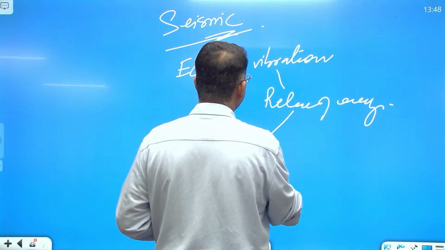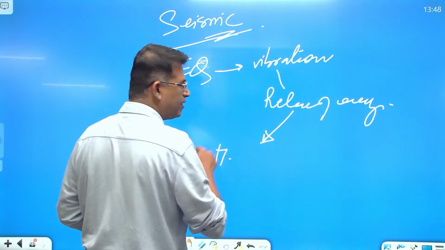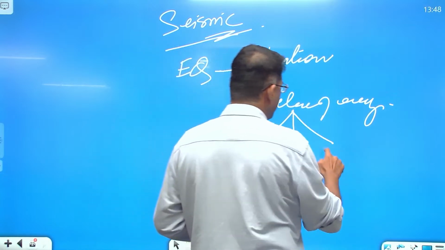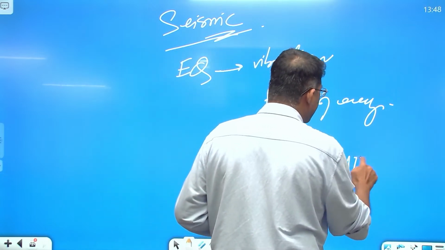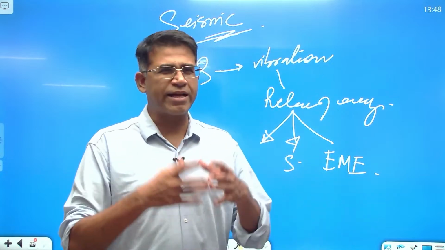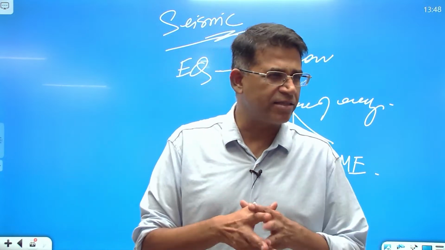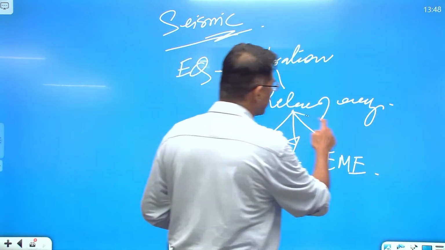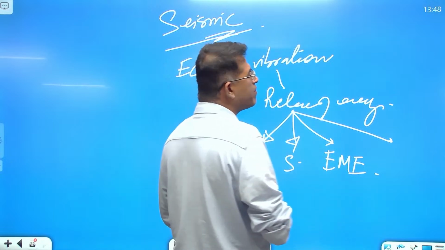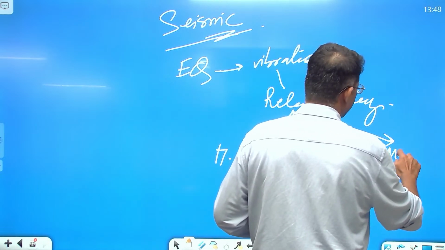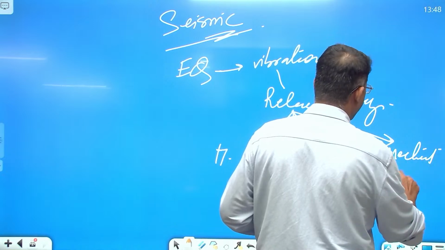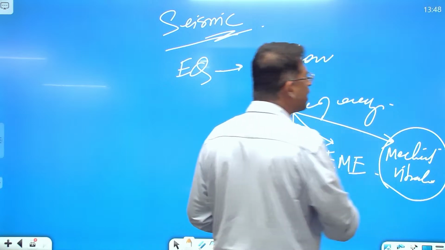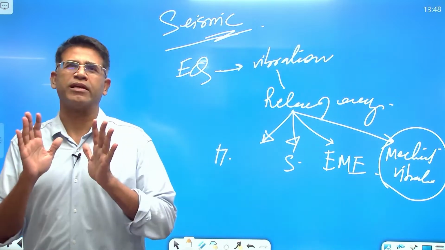The energy can be heat energy, some amount of sound energy, some amount of electromagnetic energy, gamma rays, X-rays, ultraviolet rays, forms of energy. And apart from this, we have some energy called mechanical vibrations, or simply mechanical waves.